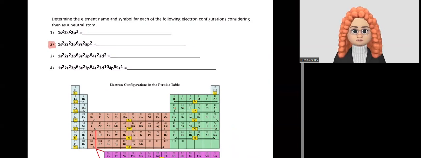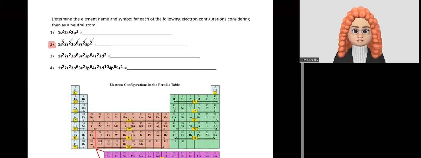Another way that we can do this is by simply adding. So if you're given the electron configuration for an atom, you can add the superscripts given on each of the energy levels and the shells. So you can do 2 plus 2 plus 6 plus 2 plus 2.